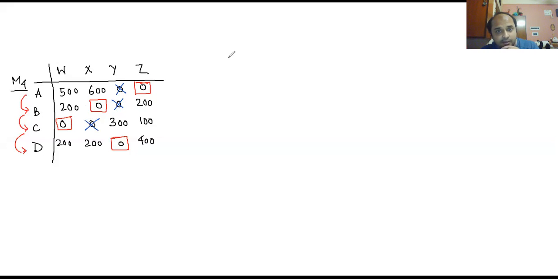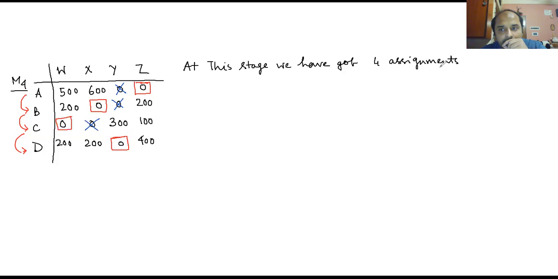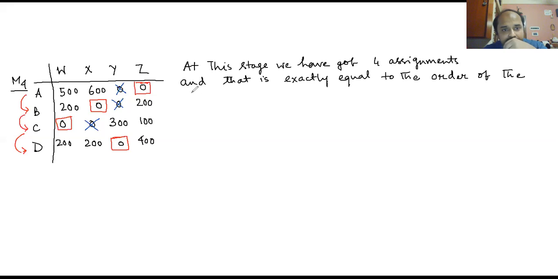So now you see at this stage, we have got 4 assignments, and that is exactly equal to the order of the matrix.